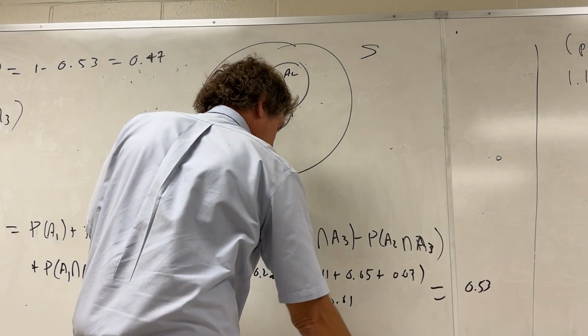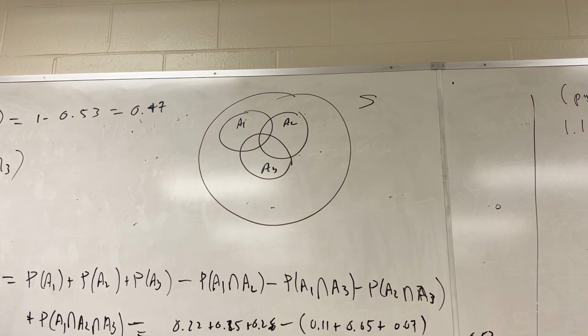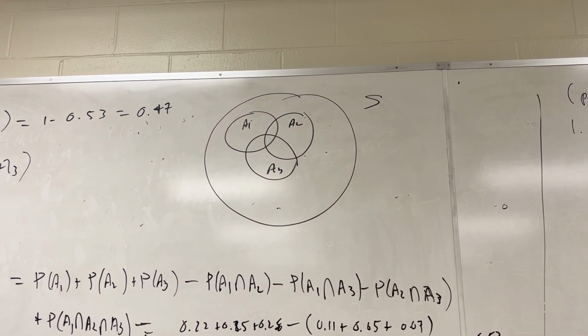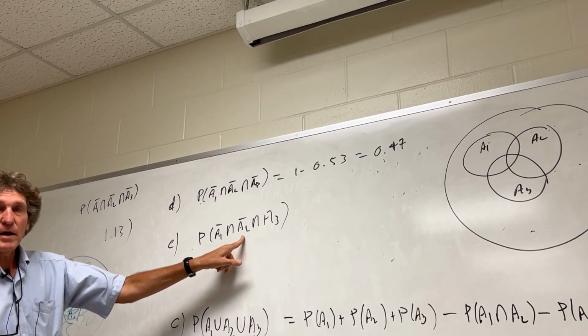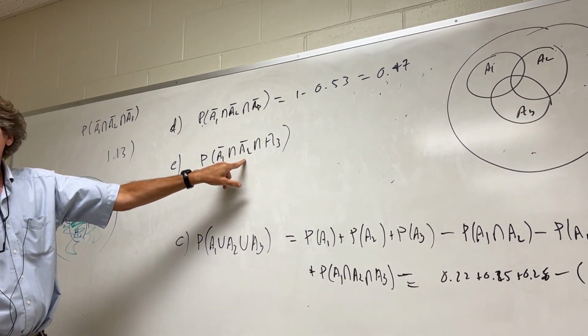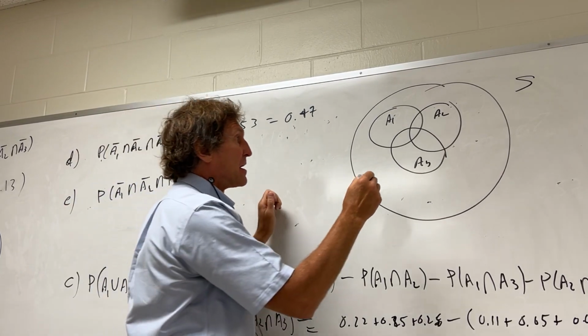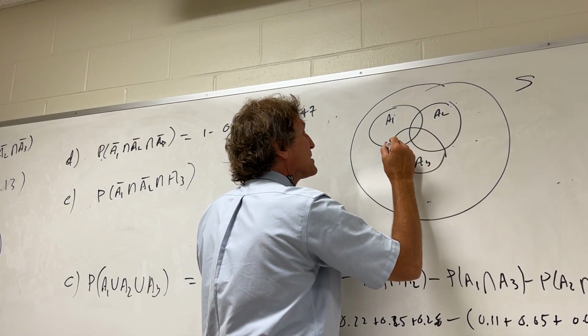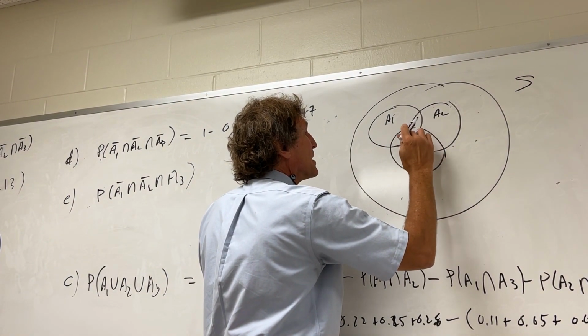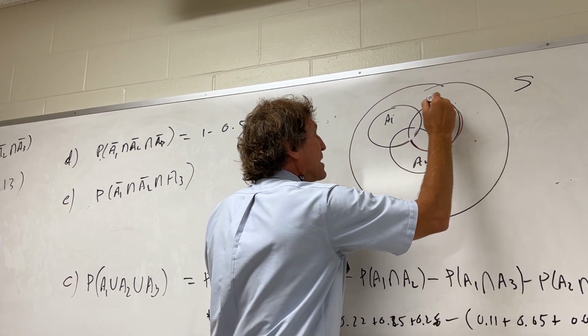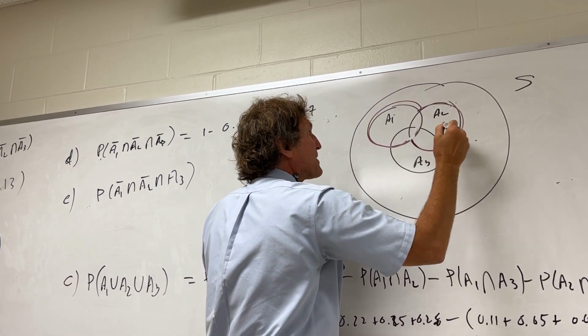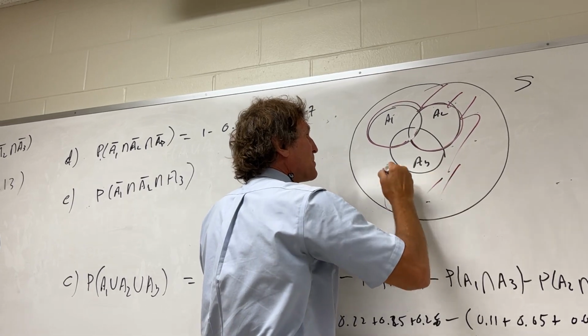Once you understand the area involved, I think you get it. First part is anything that is not A1 or not A2. With me? Everything that is not that is the first part, right?